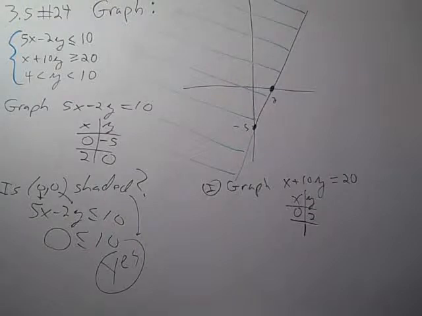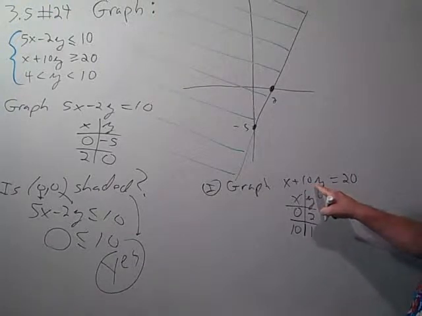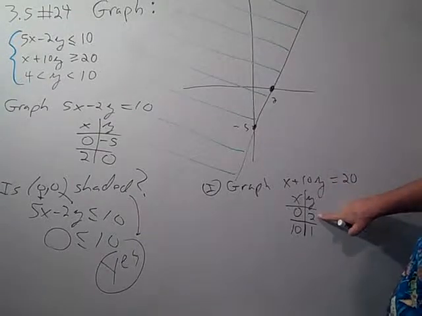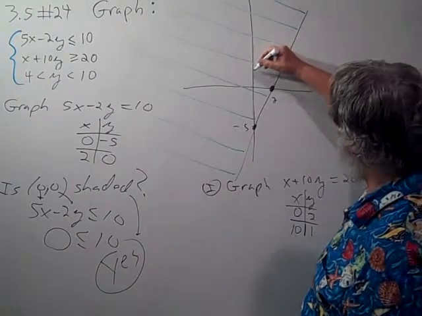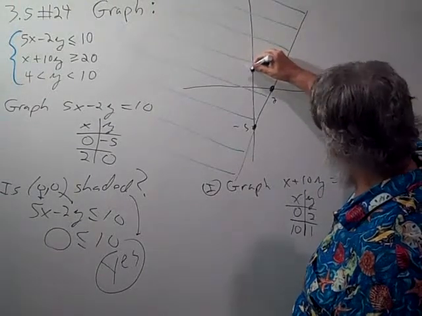And if x is 10, then y would equal 1, because 10 times 1 is 10, 10 plus 10 is 20. So those are 2 points on the graph of this second line. So 0, 2, notice the y-intercept is up at a height of 2, so let's say this is 2. Y-intercept of 2 here.